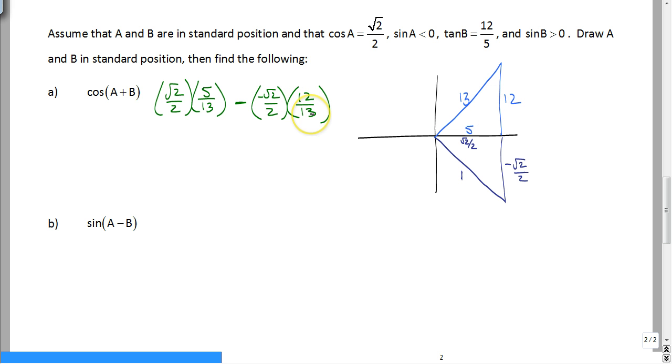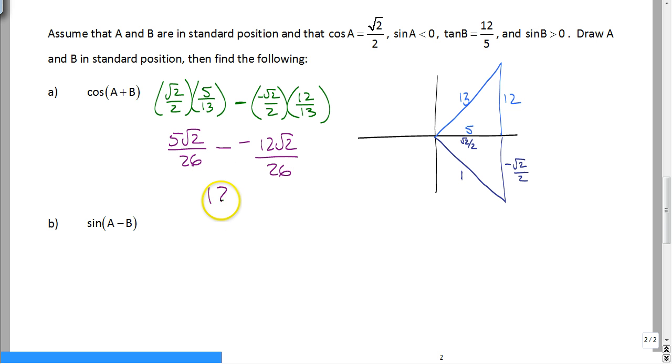So all we did was use the same cosine sum formula that we used earlier, except now it's not only our special right triangles. But again, all you have to do is simplify. So the first thing you're going to do over here is multiply those two together, and you're going to get 5 root 2 over 26 minus, multiply these two together, and we're going to have a negative 12 root 2 over 26, and then we just have to combine those.